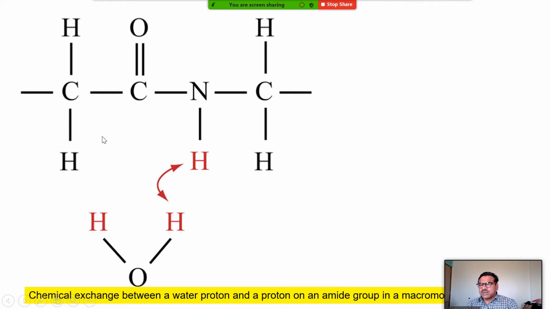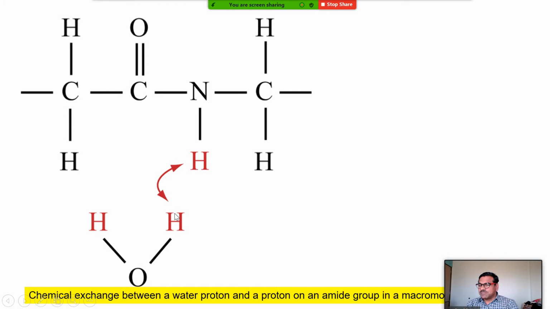It means the first environment of this amide molecule is only the amide. But when we put a drop of water into the amide solution or sample, what happened? In that sample, only amide will not be there. Along with the amide, water molecule is there.